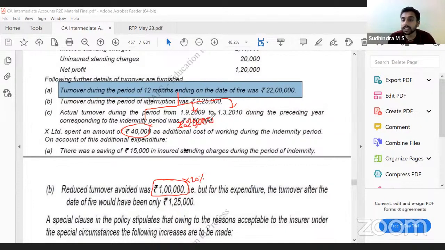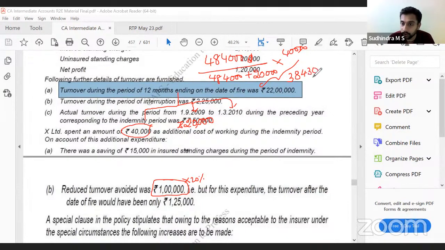Then gross profit on adjusted annual turnover 4,84,000 divided by 4,84,000 plus uninsured standing charges 20,000, into actual expenses 40,000. So this comes up to 38,413. Therefore, what is the allowable additional expense?